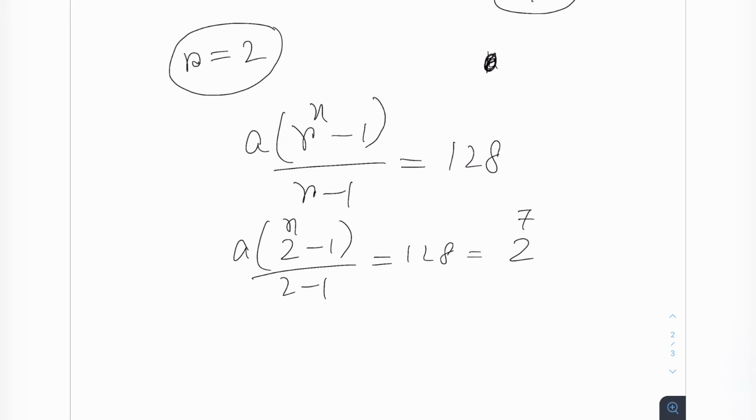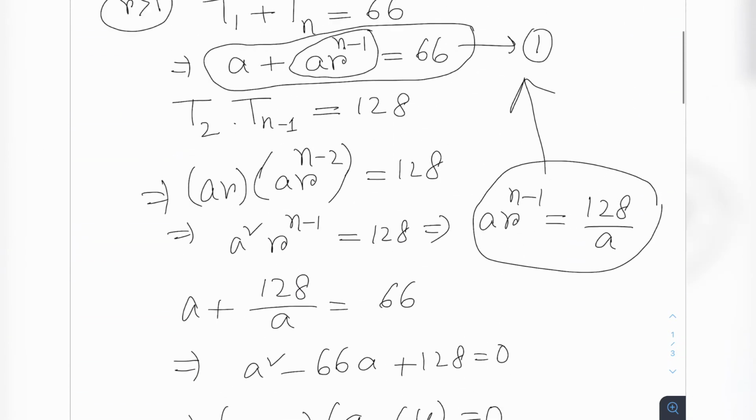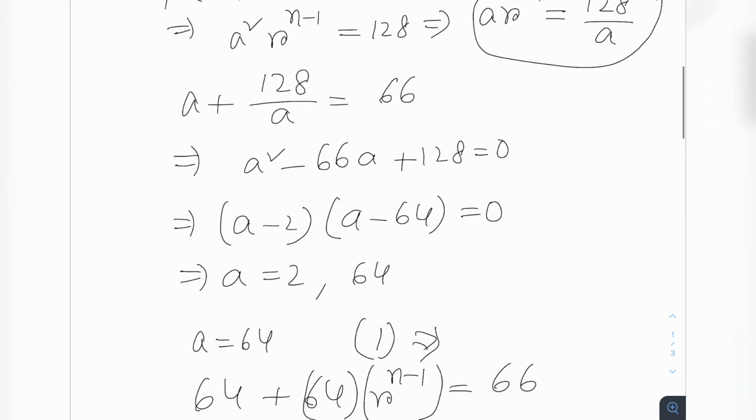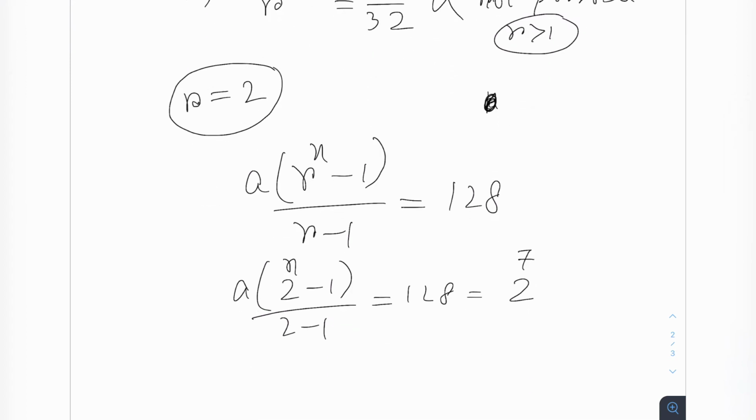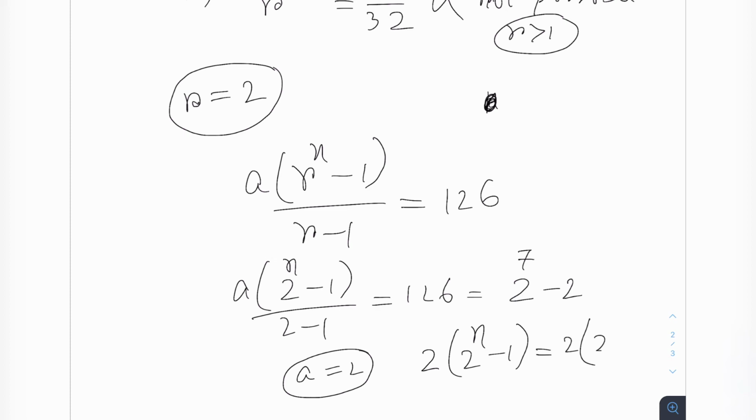So সিম্পলি দেখতে পাচ্ছি 126, হ্যাঁ, that must be 126. Sum of the terms is 126, sorry. হ্যাঁ, এখন দেখো এটা 2 to the power 7 minus 2 করে দিই। তো a এর ভ্যালু যদি আমরা এখানে 2 put করি, তাহলে এখানে দেখো 2 into 2 to the power n minus 1 becomes 2 কমন নিয়ে 2 to the power 6 minus 1.